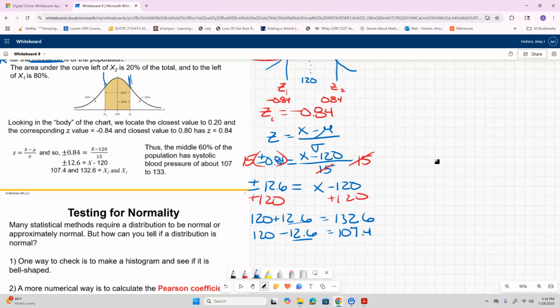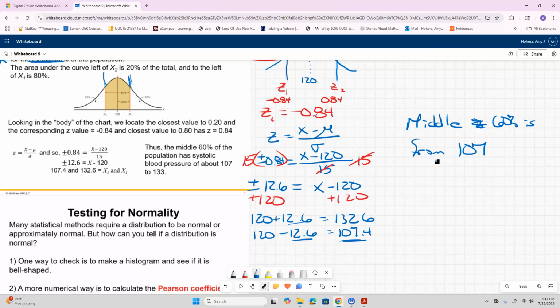Now, these are systolic blood pressures, and those are not normally measured to the tenth. They're usually measured to the whole. So the middle 60% is from about 107 for the systolic, which is the first number they give you when they give you your blood pressure.